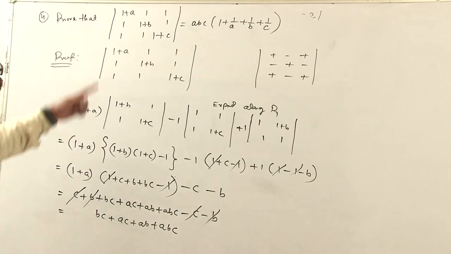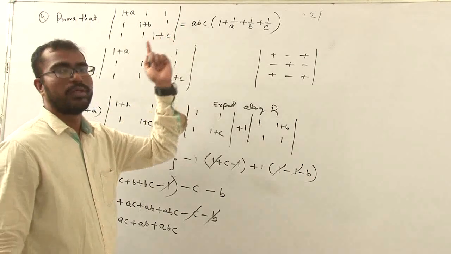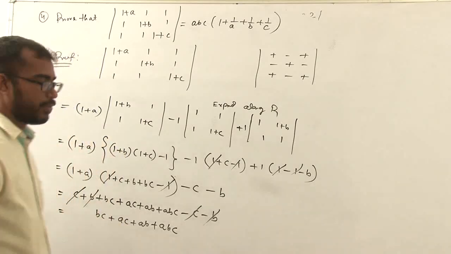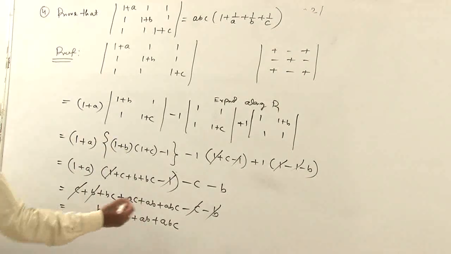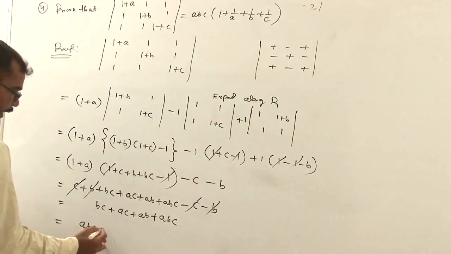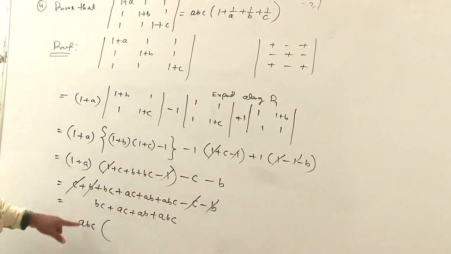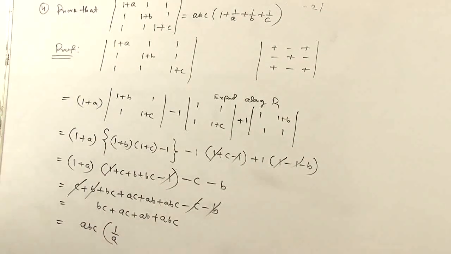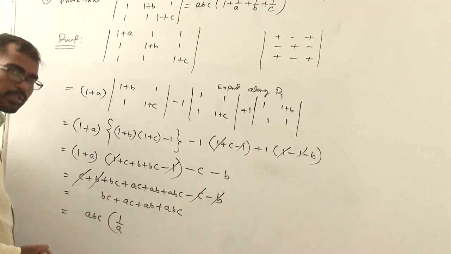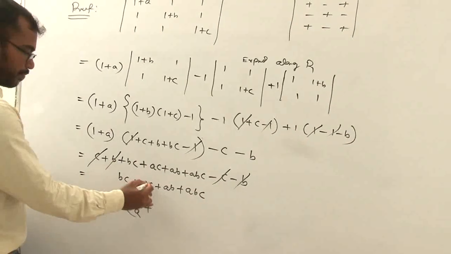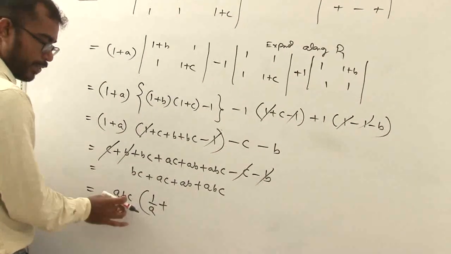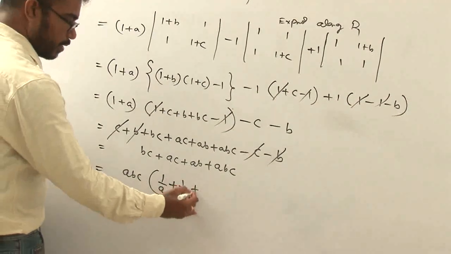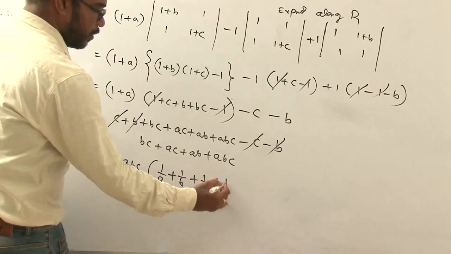Okay, but here in the RHS, ABC into something, that means we have to take ABC common from all the elements. So if we take ABC common from BC, then we get 1 by A. If we multiply them, then we get ABC also. Similarly, if we take ABC common from AC, then we get 1 by B. Similarly, here 1 by C, that is 1.